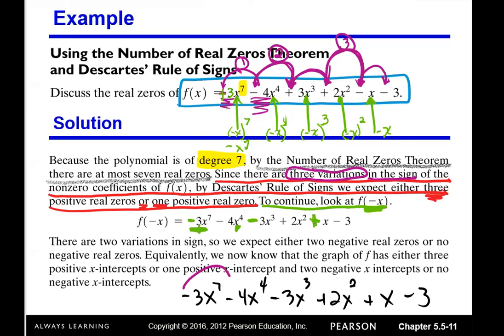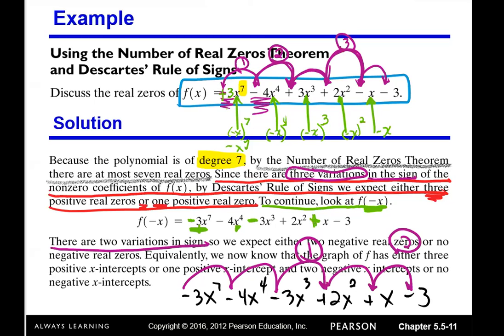Okay, it starts at negative, stays negative, stays negative, boom, changes to a positive. There's my first variation. Positive is still positive, positive to negative, boom, there's my second variation. There are 2 variations in the sign.